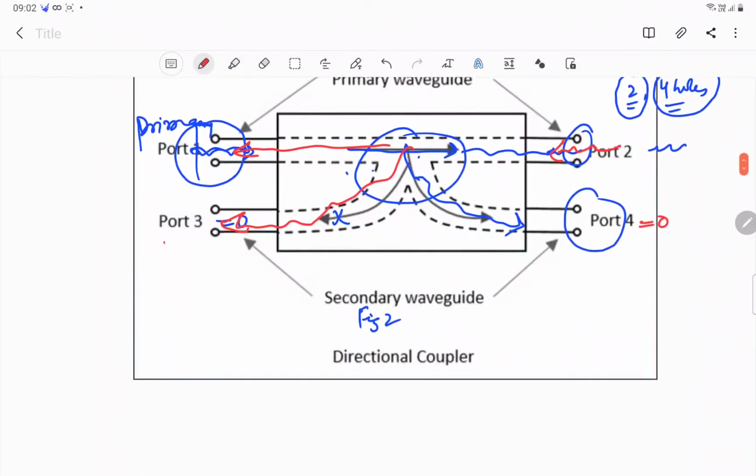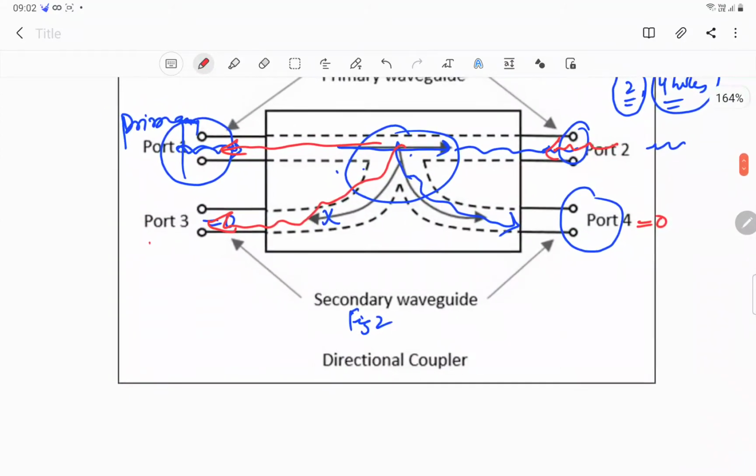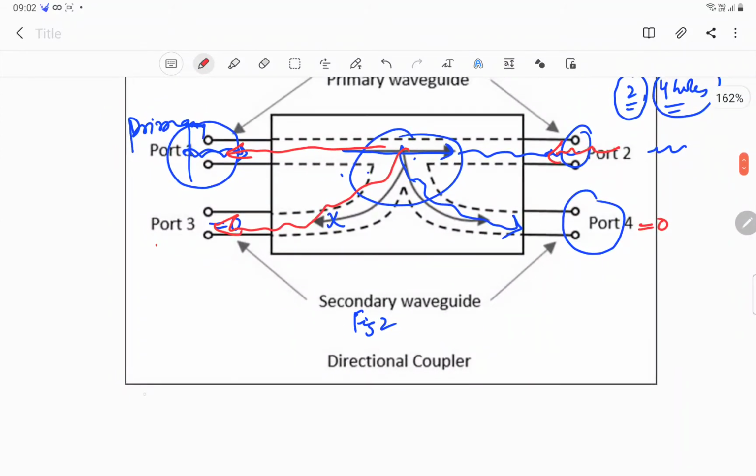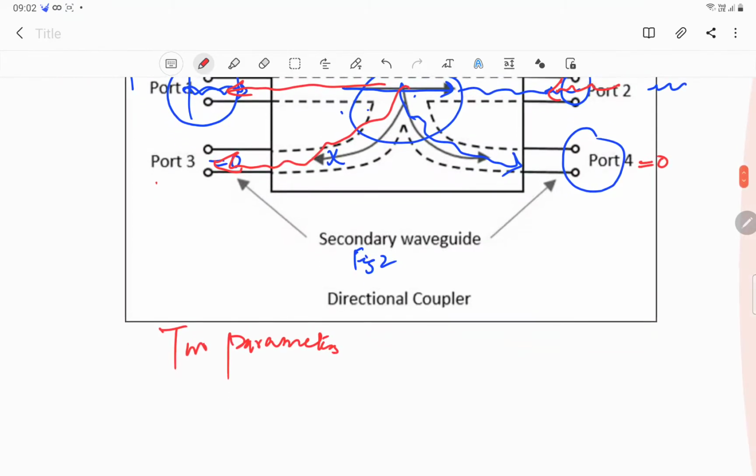Now the performance of a directional coupler is usually defined in terms of two parameters. One is the coupling factor, and second is the directivity.